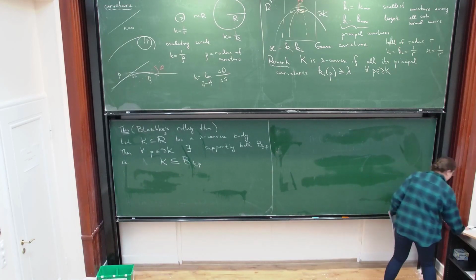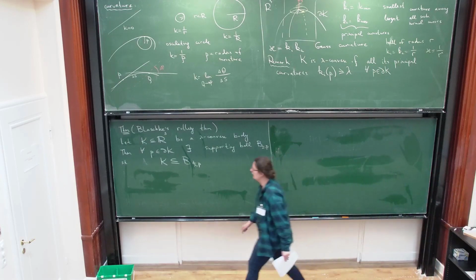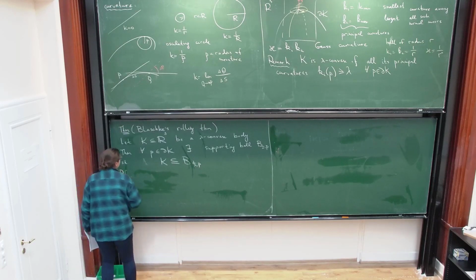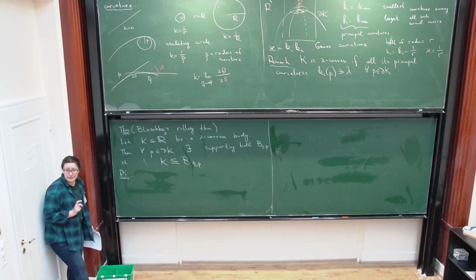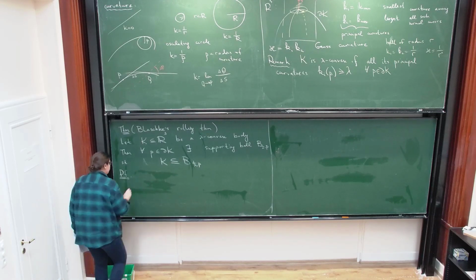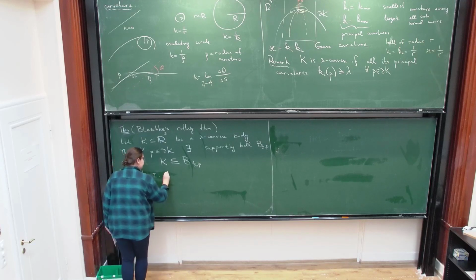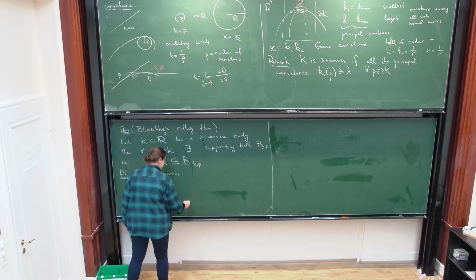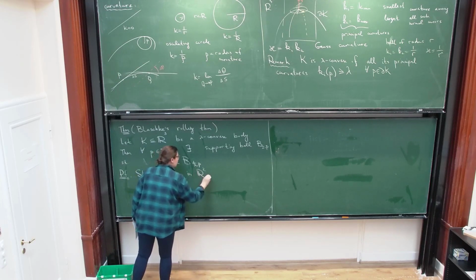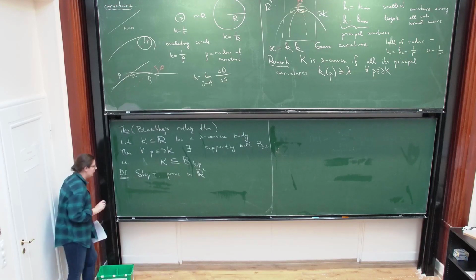Okay, so let's prove it. For the proof, I'm going to complete it in 2 steps. First I'm going to prove it in R2 and then I extend it to R3. So first step, on the plane, and on the plane I can prove a bit more general result.